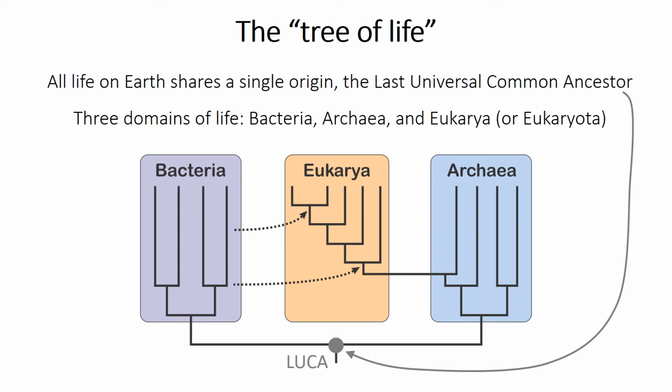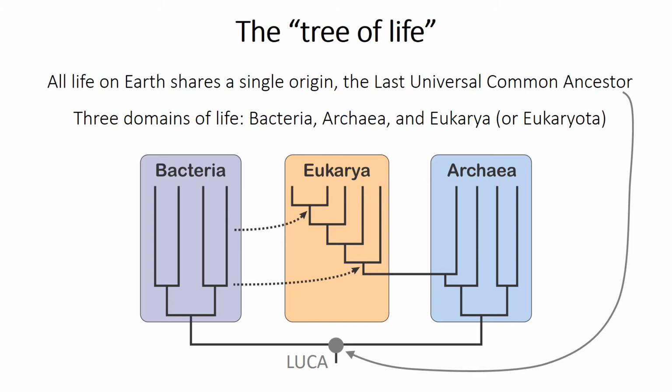All life on Earth evolved from a single origin called the last universal common ancestor. Evolutionary relationships are often shown with branching trees, like the ones here, where the tips of branches at the top indicate a particular organism, and the branching points are where two organisms split from a common ancestor. This one is just a schematic. There's obviously a lot more than 4 or 5 organisms in each of these big groups.